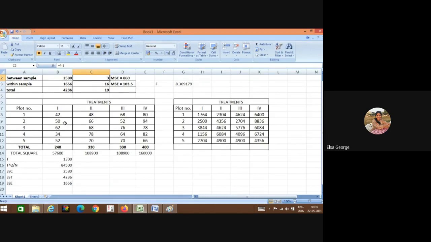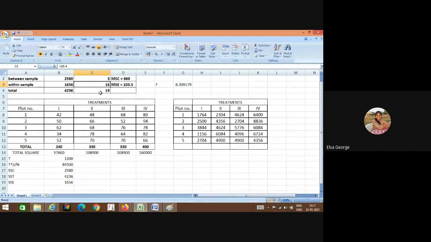And n means the total number of items. We had 20 items, and therefore n was 20, minus k was 4, and therefore 20 minus 4, you got 16. Again, you add it up, that is 19, or n minus 1.